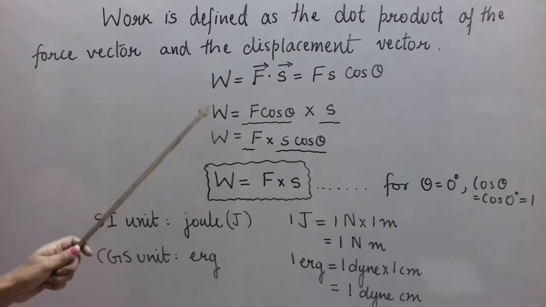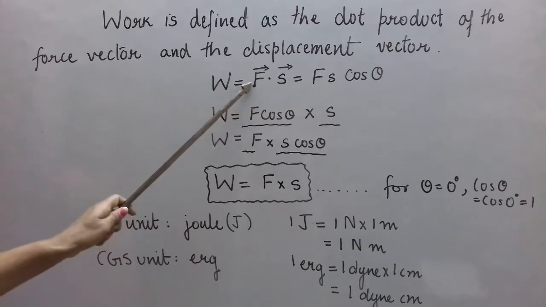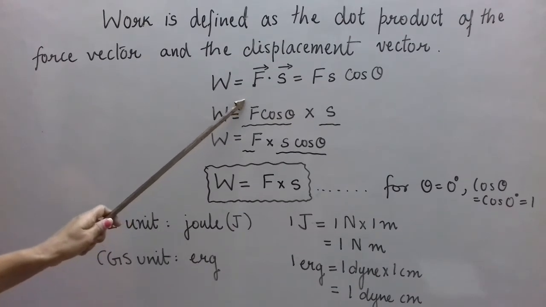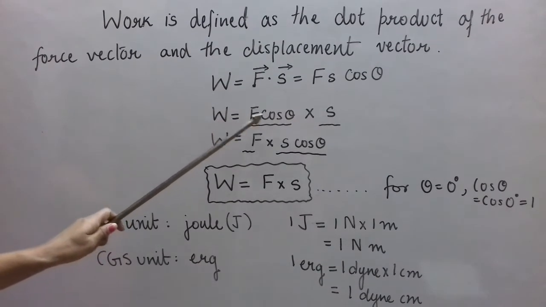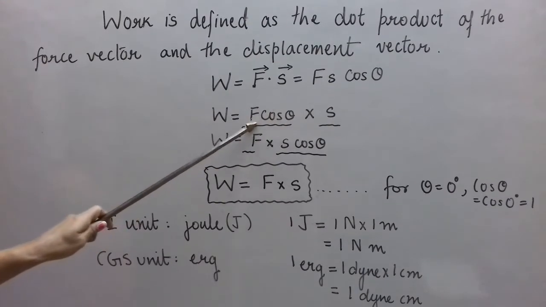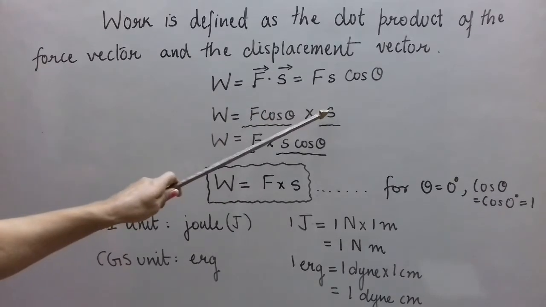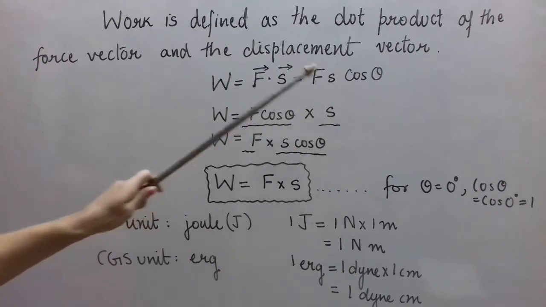In higher classes, when force vector F is split into different vectors, then F cos theta is a component, a split part of the force, which is in the direction of displacement.